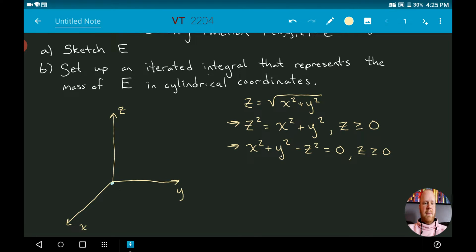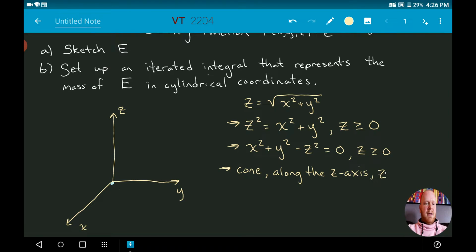This is going to be a cone, and you can refer to your notes on sketching quadric surfaces, or I have a more detailed write-up for how I came to this conclusion, but this is a cone, and it's going to be along the z-axis, because I've got that negative sign out in front of the z squared.